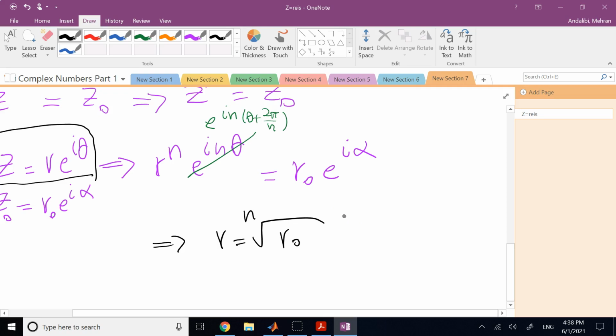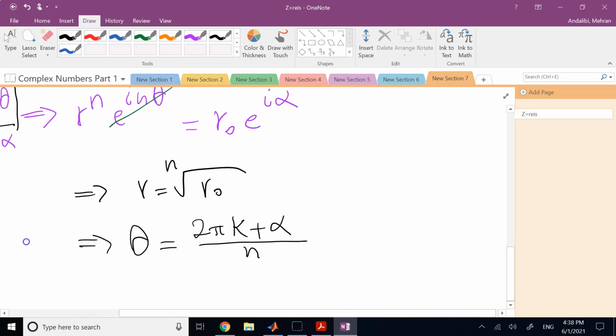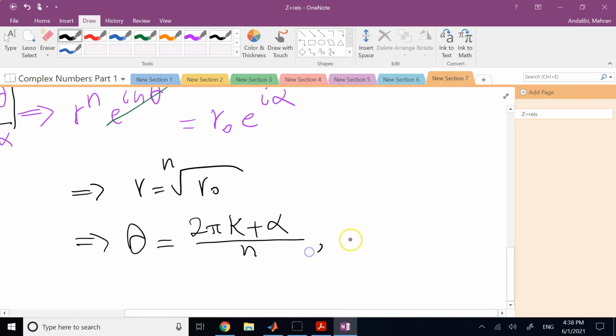If that is the case, what does it mean about theta? Theta is what? Theta is going to be two pi k plus alpha divided by n, where k can be 0.